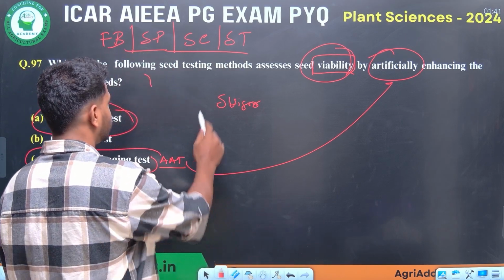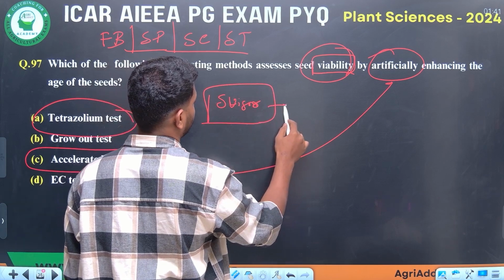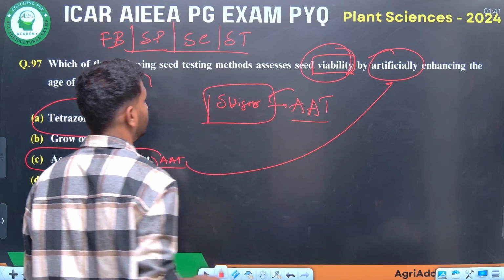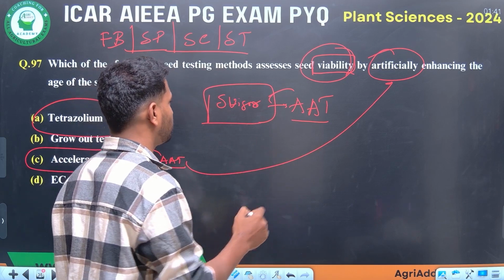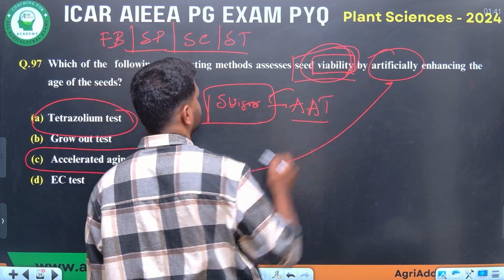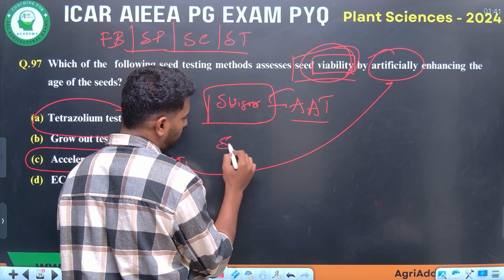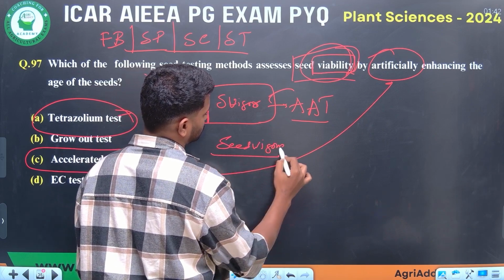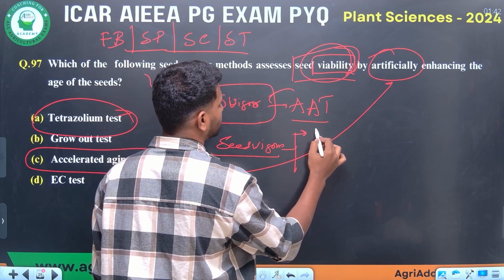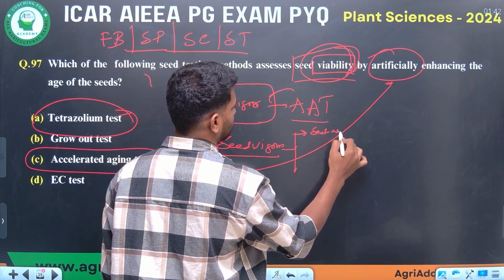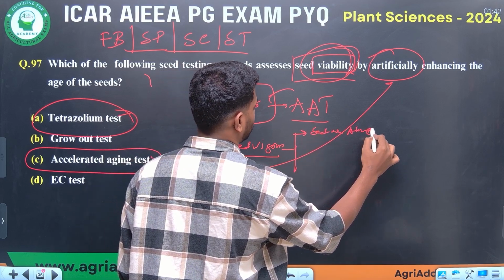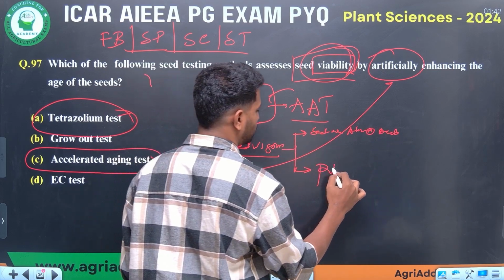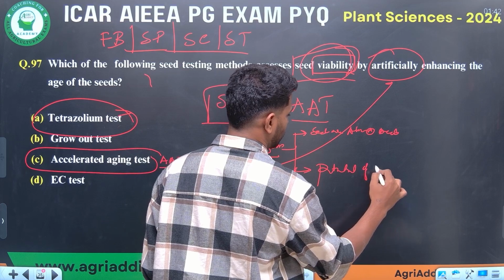Even though in the books it is clearly mentioned that the accelerated aging test is for seed vigor, in a closer sense you have to understand what viability is. Whenever you do the seed vigor test, what outcome will you have? You will get to know whether the seeds are alive or dead, and the second thing, you will also get to know the potential of the seeds. Yes or no?